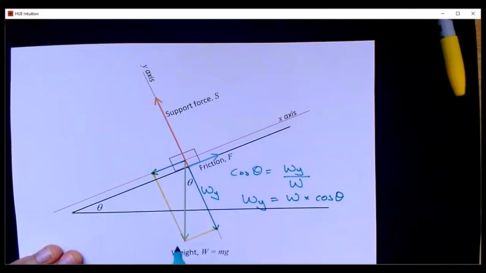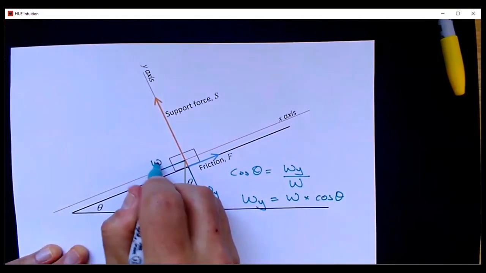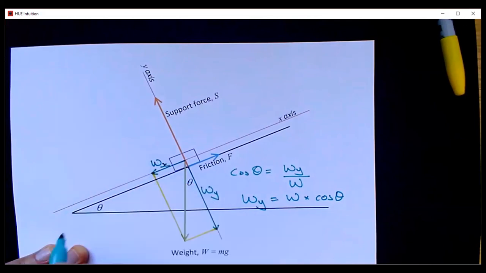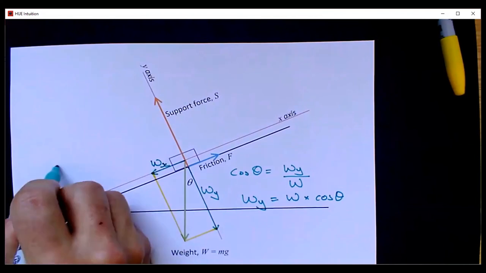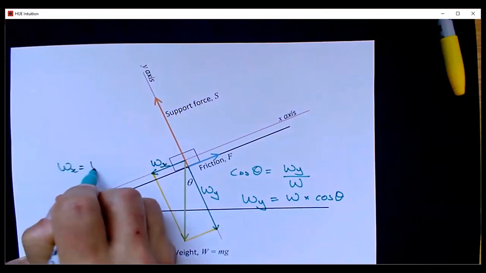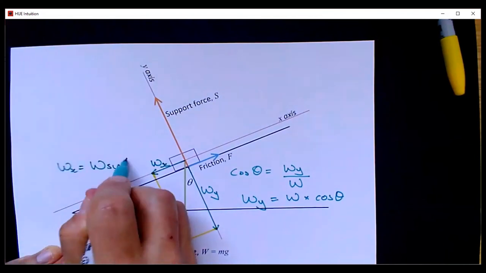Similarly, over here, we will call this WX, and without any loss of generality, we can say that WX will be W sine theta.